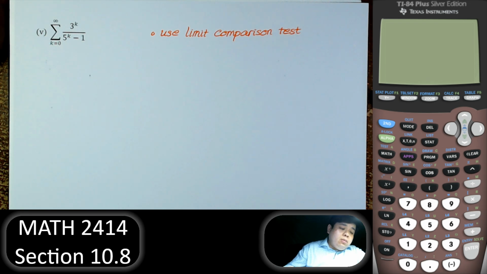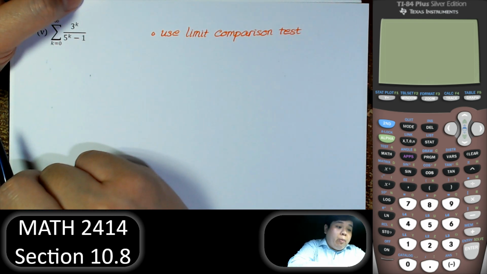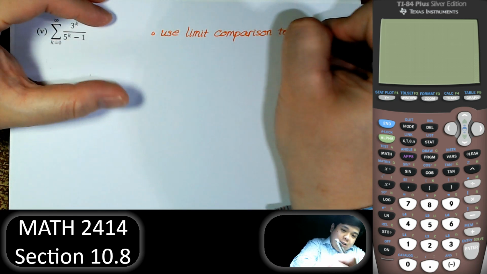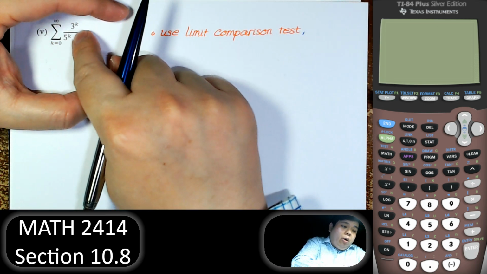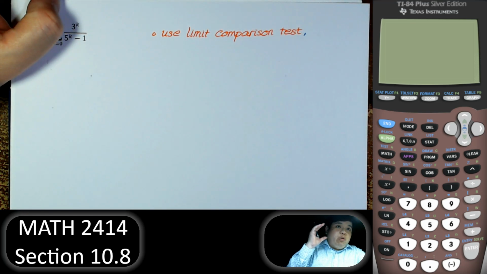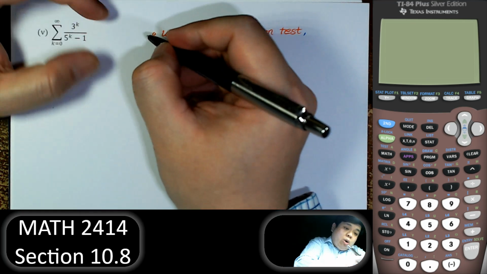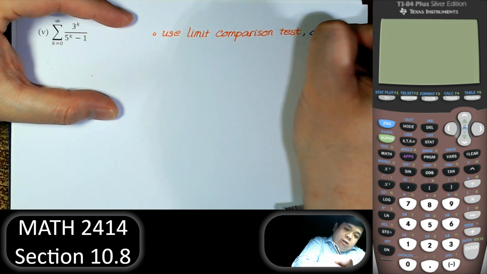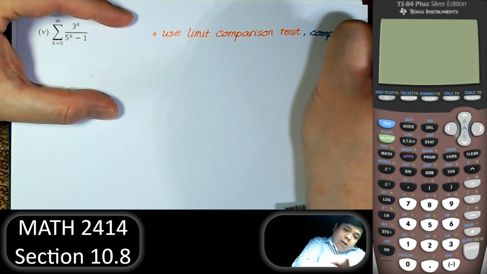Now, what do we compare to? We will compare to the term where we just keep the fastest term, or the biggest term, on the top and then the biggest term at the bottom.